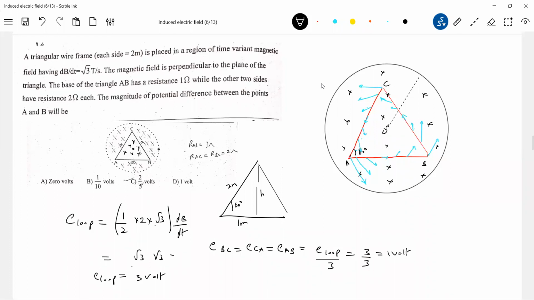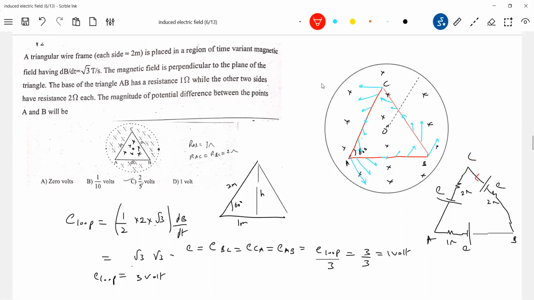Then replace with a circuit diagram. So bring the circuit diagram to the picture. Resistance and a cell. How should the polarity of the cell be taken? Again from Lenz's law, how is the induced current? So this is A, B, C. Call this E. The base of the triangle has 1 ohm, whereas the other sides have 2 ohm.